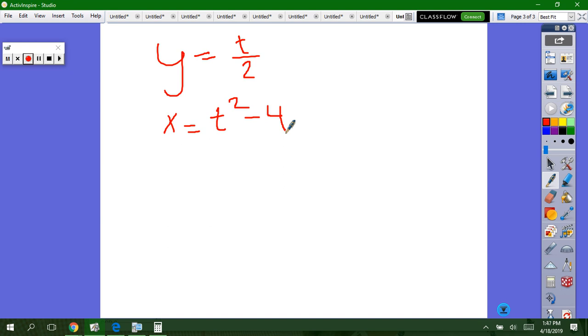So, all I have to do is solve for t. It doesn't matter which equation. Is there an easier equation than another, though, to solve for t? Which one? The y. 2y equals t, correct? Now I'm going to substitute that 2y in for t.